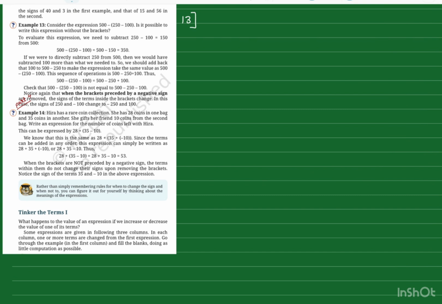Example: we are given the expression 500 minus, in brackets, 250 minus 100. We have to write the expression without brackets. A minus B is in the bracket.